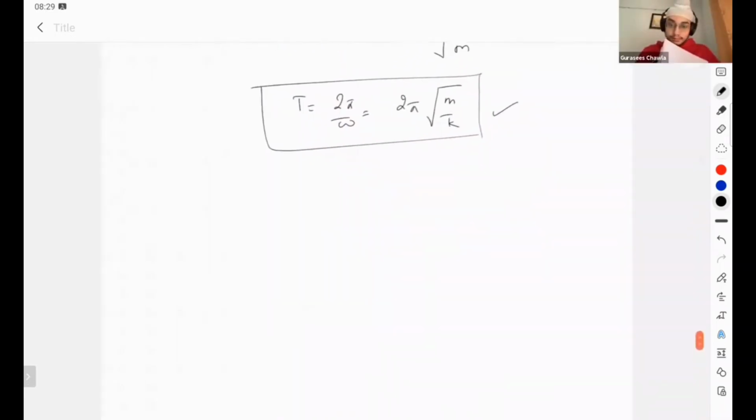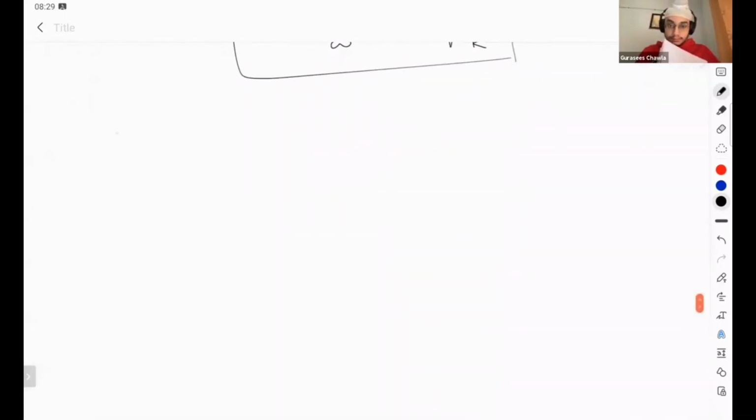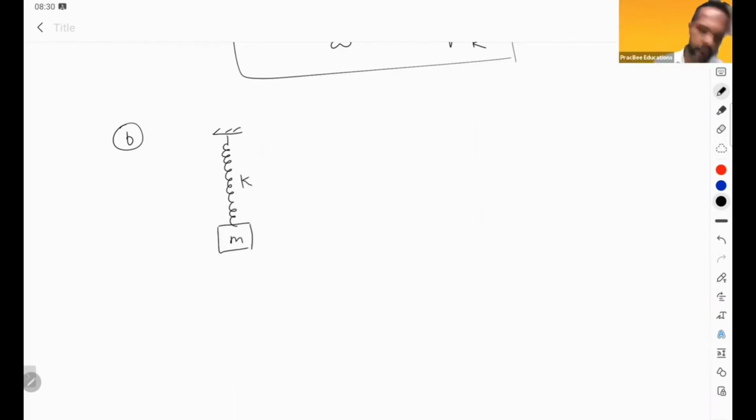Let's take another situation. This is m, this is k. So again I'll write step by step so that this becomes clear to you. Step 1, in equilibrium.